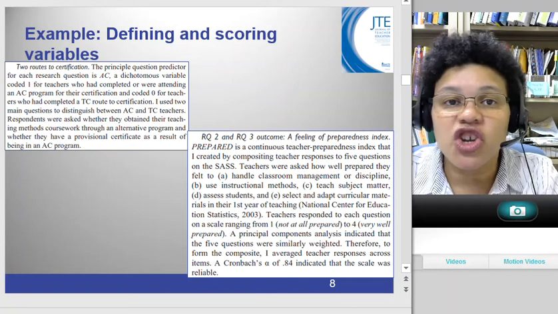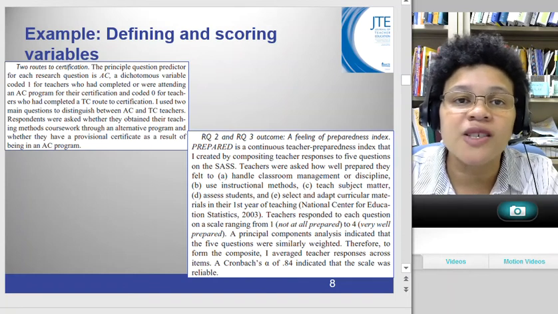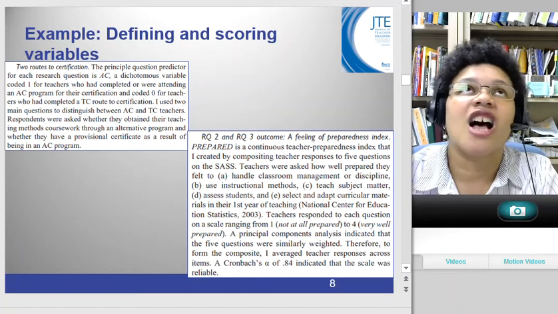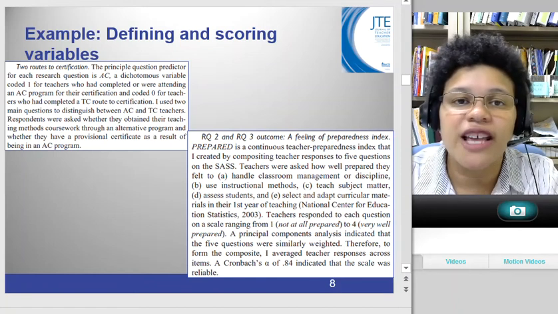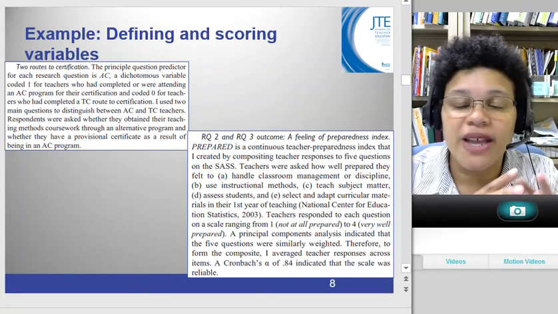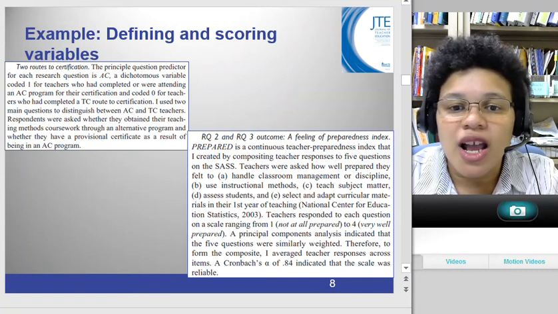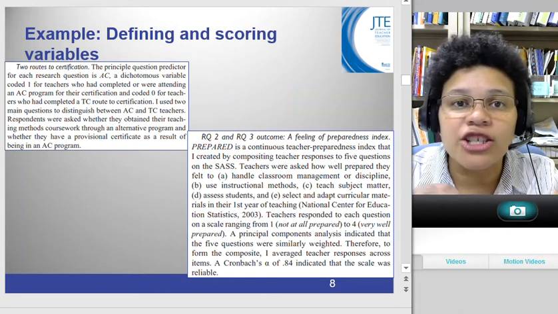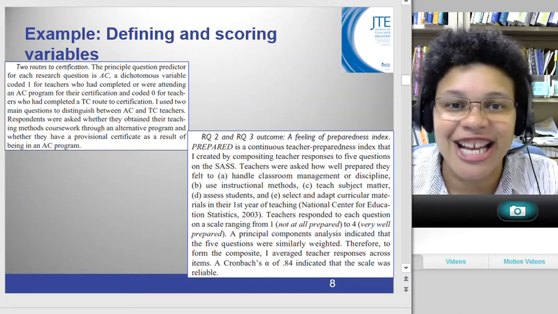This was a survey research design. I used the Schools and Staffing Survey and hundreds of teachers in my sample. And this was a survey that was done by the Census Bureau working with the Institute of Education Sciences. So I looked at two questions that were on a survey that someone else had done.